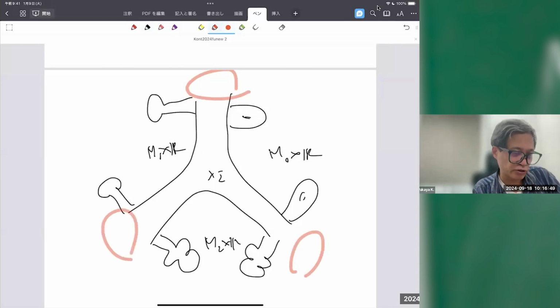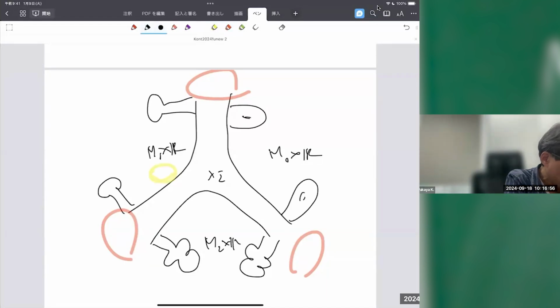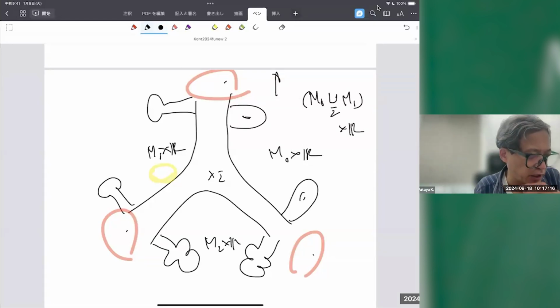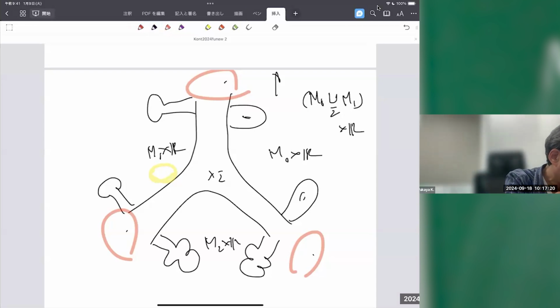So this part you already grew, so here it has no boundary. But if you go this way, then you see that M0 is glued with M1 cross R. So you have the three ends, which are just of the kind M(i+1) cross R. So that is what this four manifold looks like.